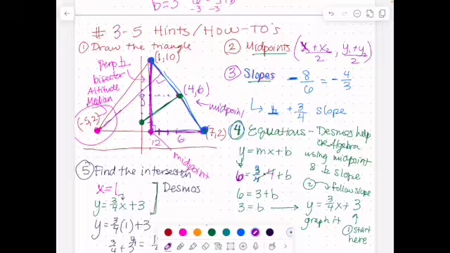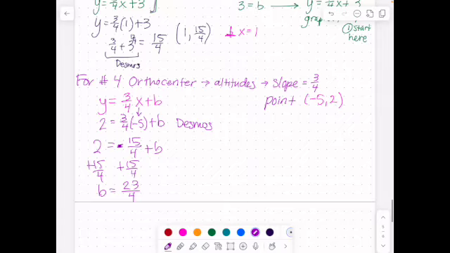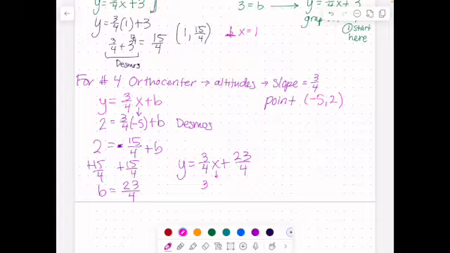Okay, so our equation would be y equals 3/4 x plus 23/4, and we want to know what it is when I replace the x with 1. So 3/4 times by 1 plus 23/4.